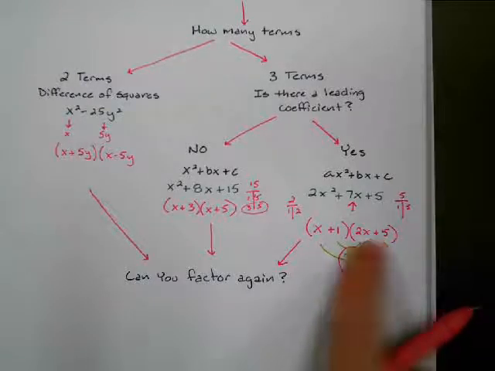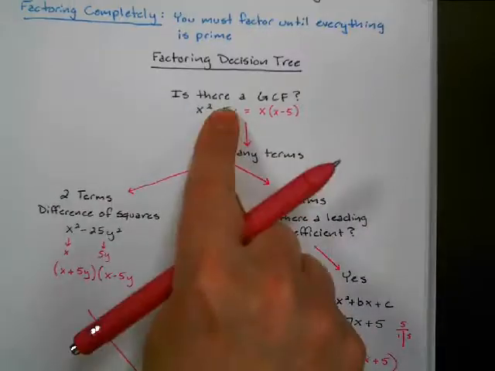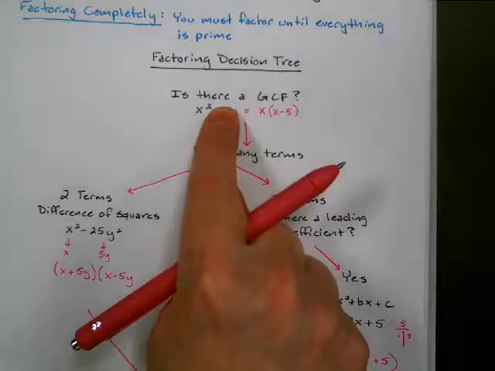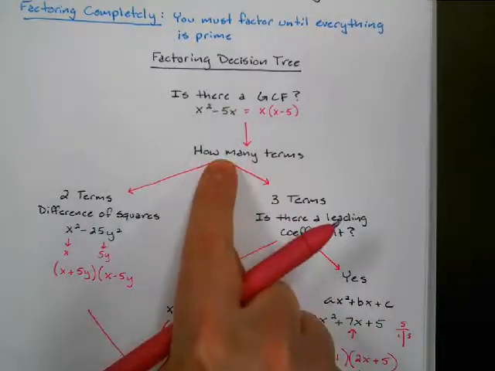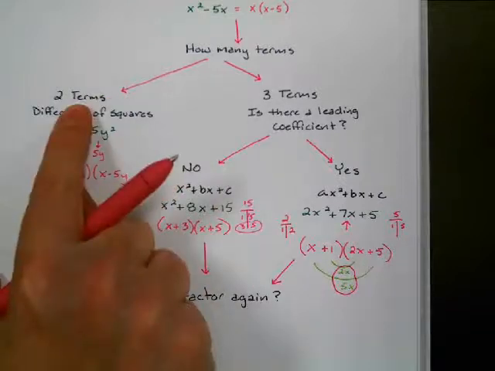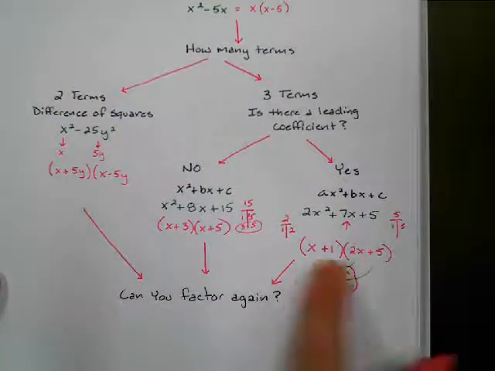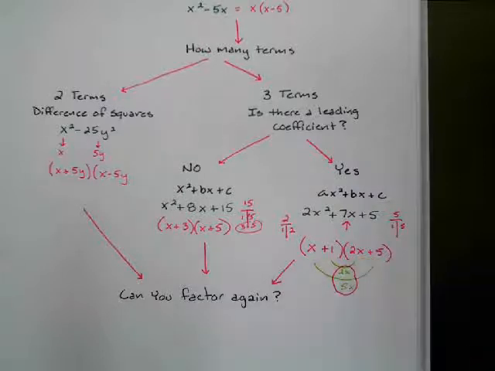Well, to figure out if you're done, you go all the way back up to the top and start asking yourself, is there a GCF? How many terms do you have? So right here, I have 2 terms. So then I'd go over here and say, oh, I've got 2 terms. Is this the difference of 2 squares? No, those are both positive. And those are both positive. I'm done now. So once you have eliminated all of your possibilities and you've gone as far as you can and nothing's factoring, then you can finally say it's factored completely.